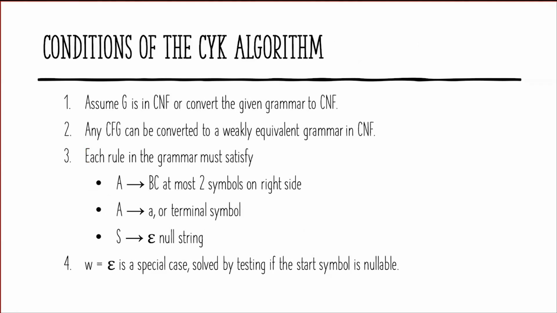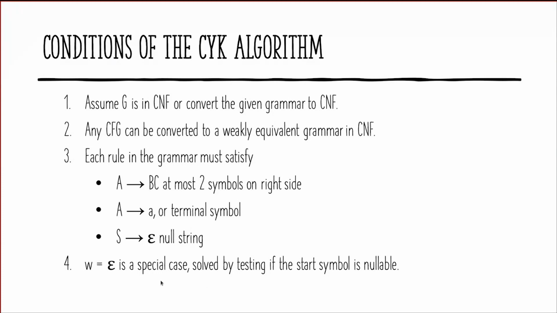So these are the conditions. In order to apply the CYK algorithm on the given grammar and a string W, that is, in order to test whether this string belongs to this grammar, you should have your grammar in Chomsky normal form. Otherwise it will not work. That's why it only works for CFGs, context free grammars, because any CFG can be converted to an equivalent Chomsky normal form.